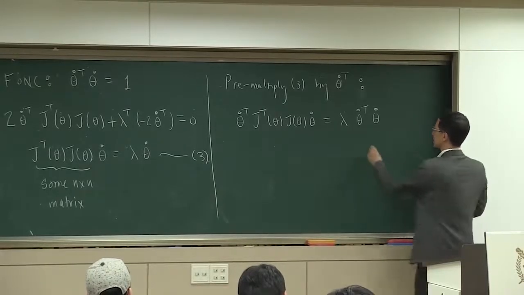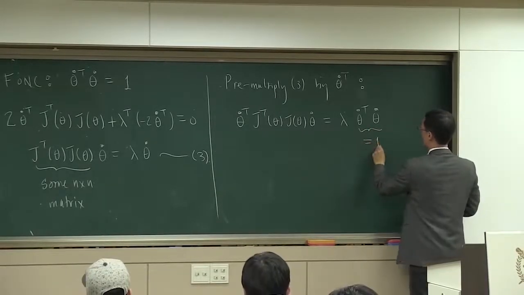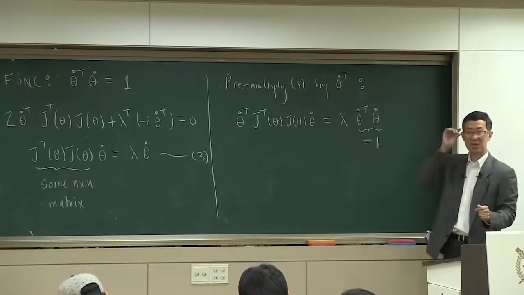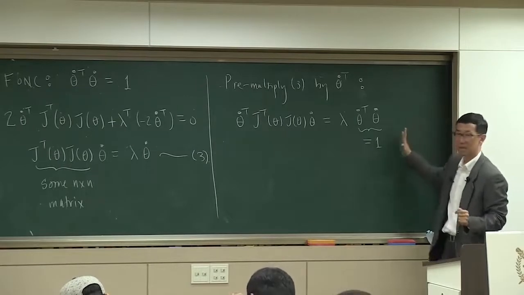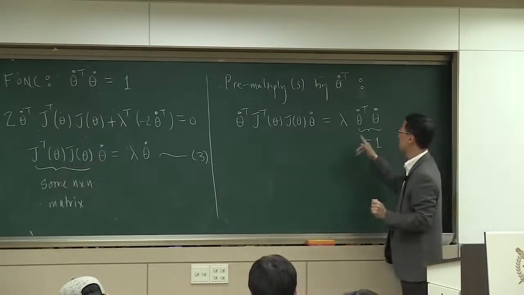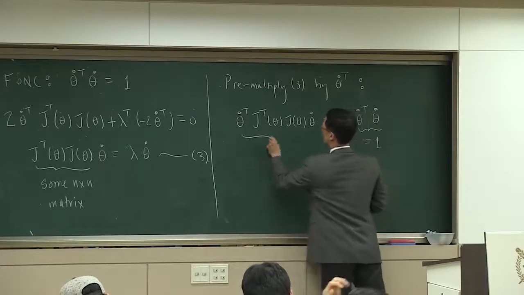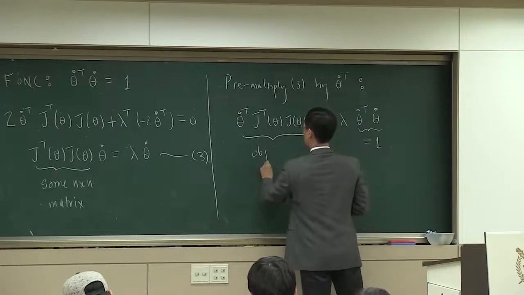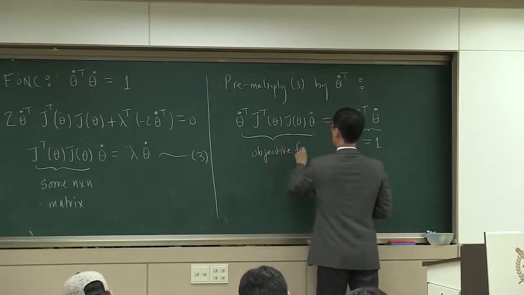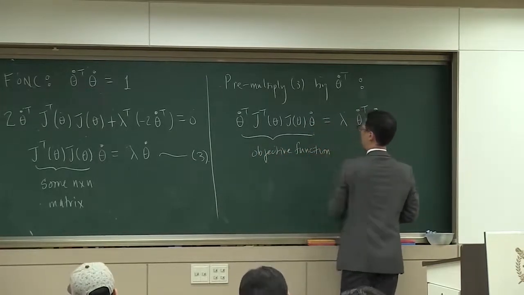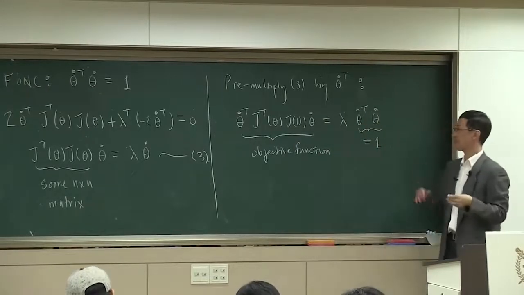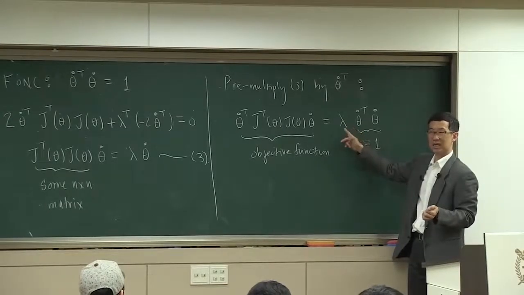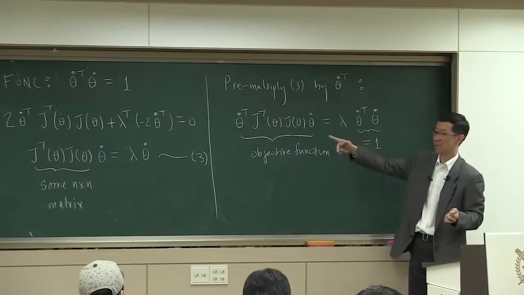This we agreed has to equal 1, from the constraint. And what's this? This is in fact the objective function. So the objective function is the eigenvalue of J transpose J.